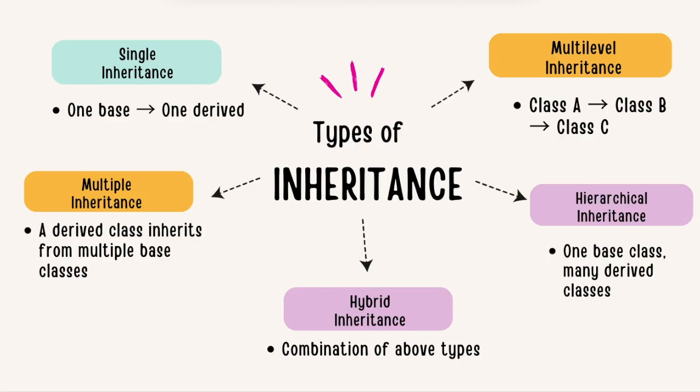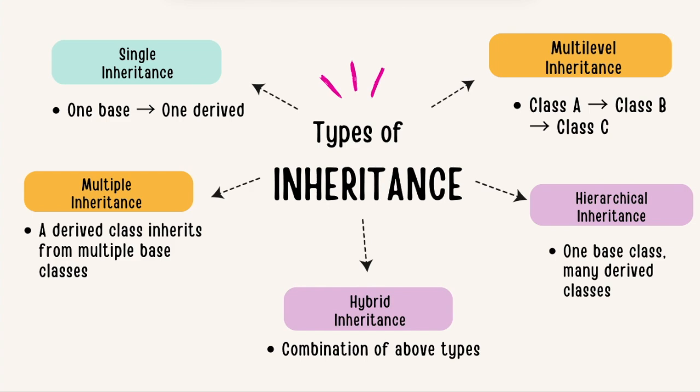C++ supports different types of inheritance, giving flexibility in code organization. There are 5 types of inheritance: single, multi-level, multiple, hierarchical, and hybrid. In single inheritance, we have one base and one derived class. In multi-level inheritance, we have multi-level classes.